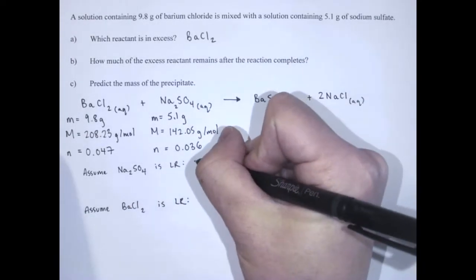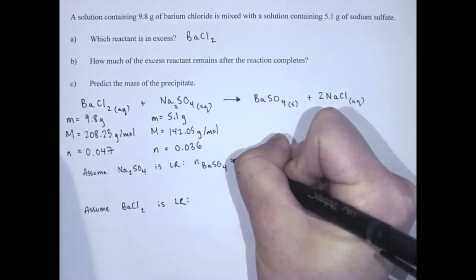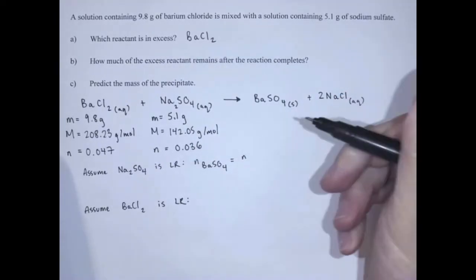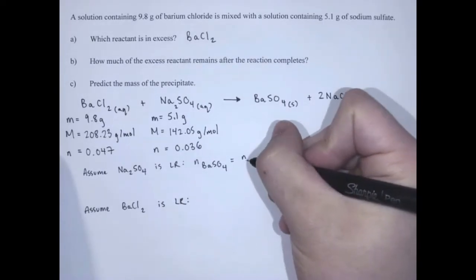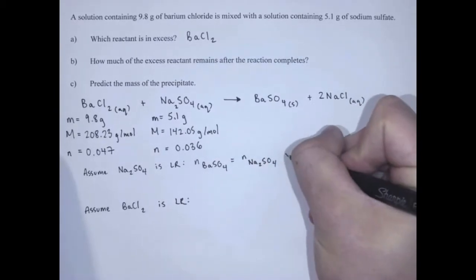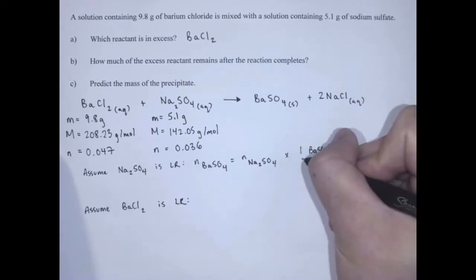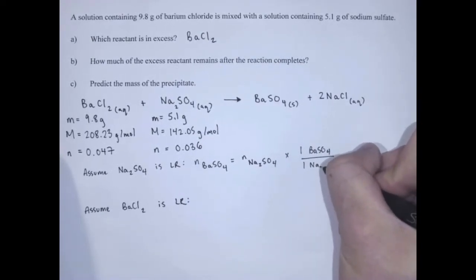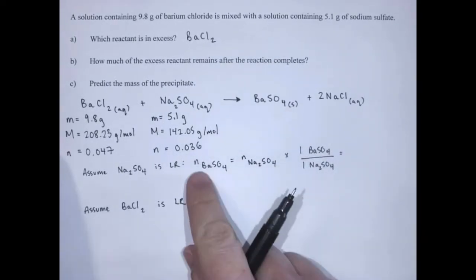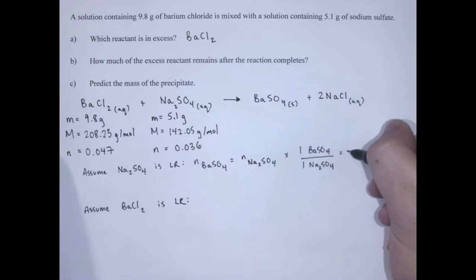So the number of moles of barium sulfate that we would make is going to be equal to the number of moles of sodium sulfate, because we're assuming it's the limiting reactant, times the mole ratio. So it's a 1-to-1 ratio, and the number of moles of barium sulfate that I would make is just the number of moles of sodium sulfate I start with.